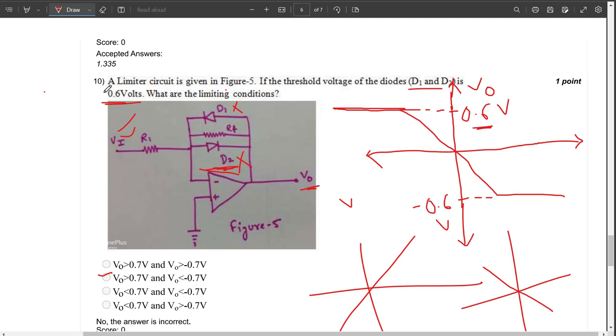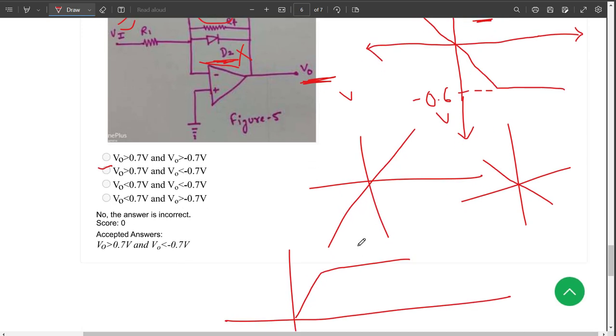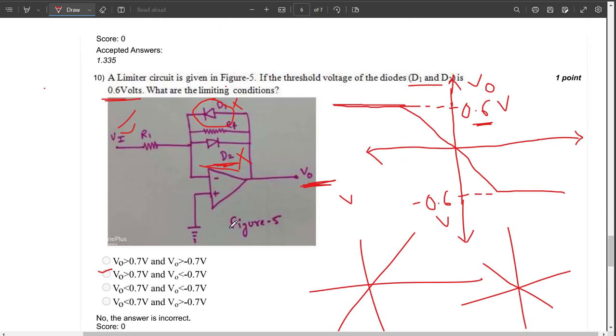So above 0.6 volts, a diode will conduct, and below 0.6 volts, it won't conduct at all. And whatever will be the maximum voltage, that voltage here will appear here. So before 0.6 volts, there won't be any conduction from the diode part.